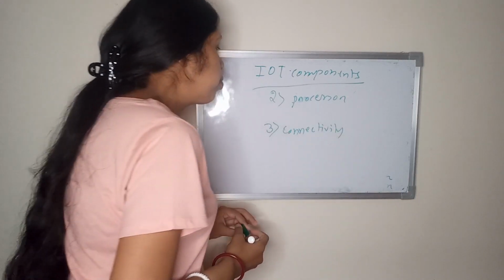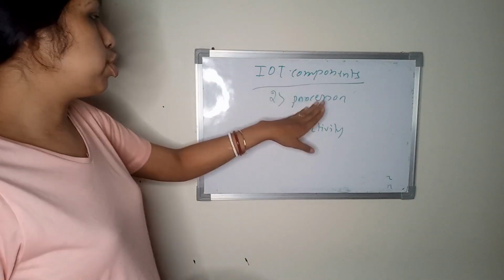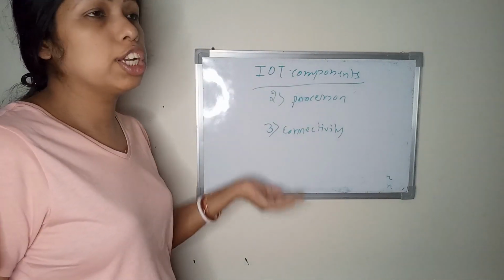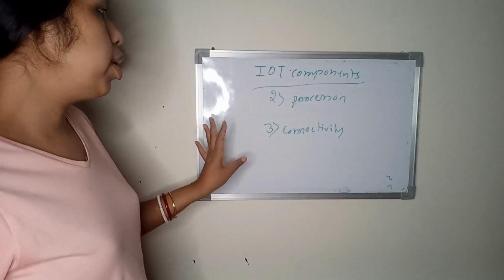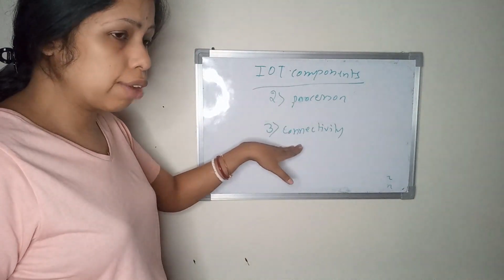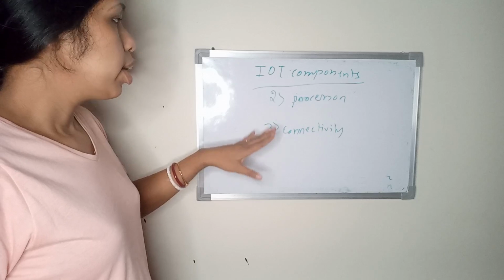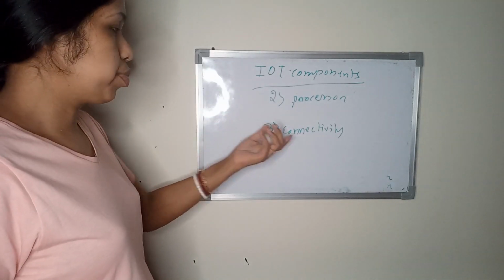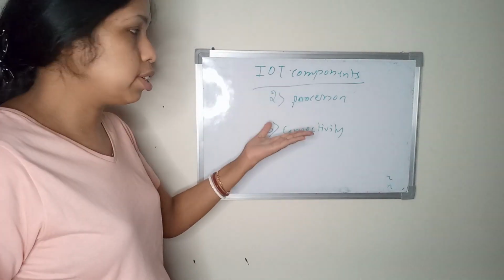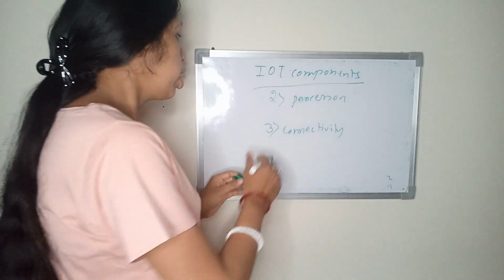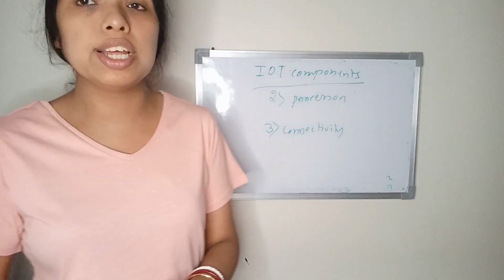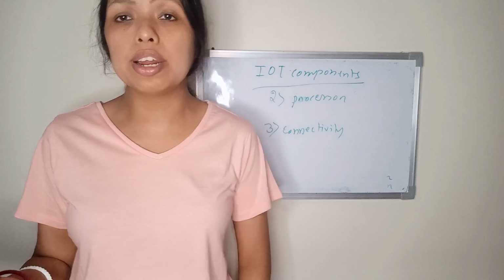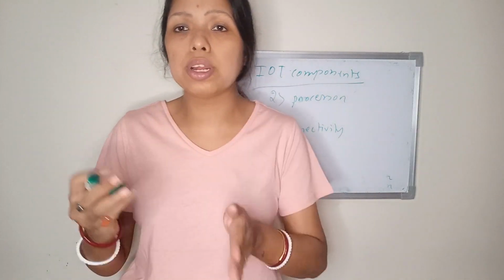In some systems, after the sensor, the processor will come, then connectivity, then again processor, then user interface. But normally after the processor, connectivity comes. If anything is required, then again connectivity and again processor is required. Processor, connectivity, then processor, and then user interface. Processor and connectivity, this is a repetition process.